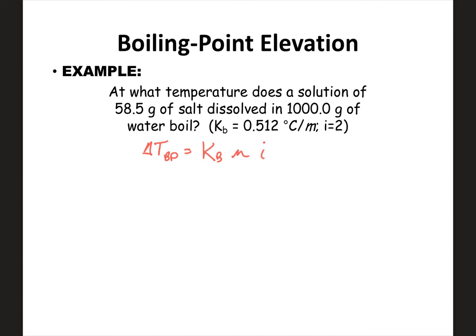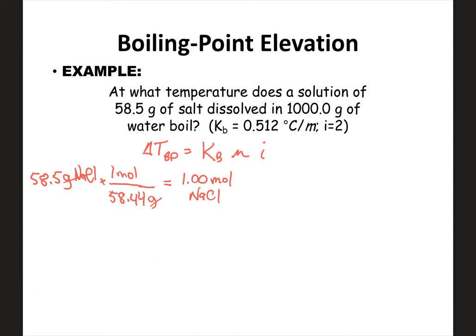So I'll take the 58.5 grams of the sodium chloride here. That's my solute. I'll get that to moles. All right, so for every 1 mole of that, when you do the molar mass, it comes out to be 58.44 grams. So your grams cancel. Now you're in moles. All right, and when you do this with correct sig figs, you actually have 1.00 moles of your NaCl, which again is your solute.